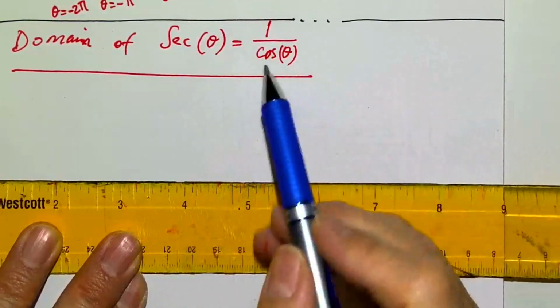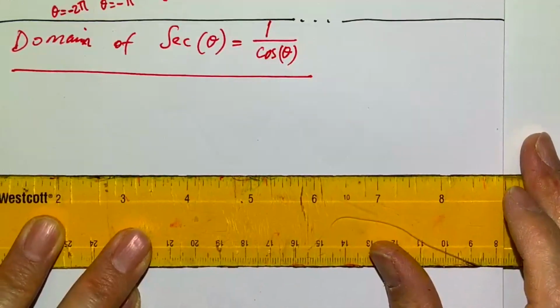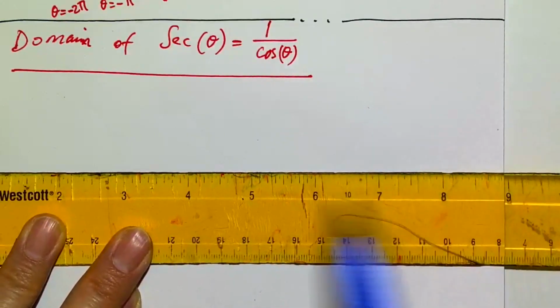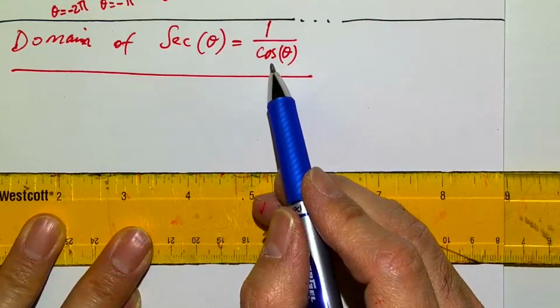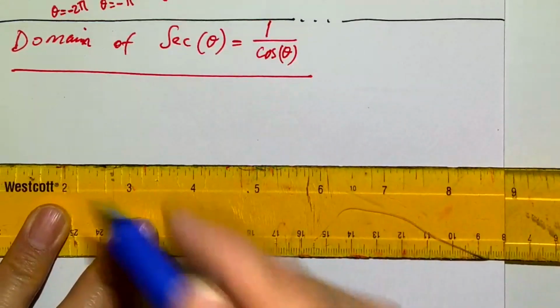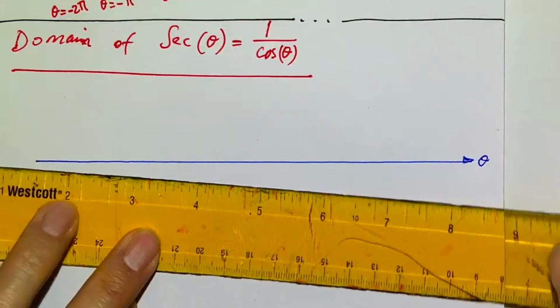Now, from this equation, you already know where the vertical asymptotes are going to be, right? Do you need even me to tell you that? Whenever cosine of theta is 0, we're going to have vertical asymptotes. So this is our theta axis.